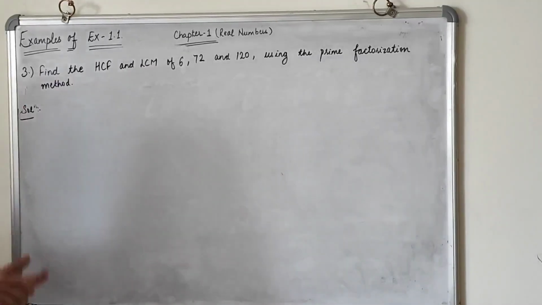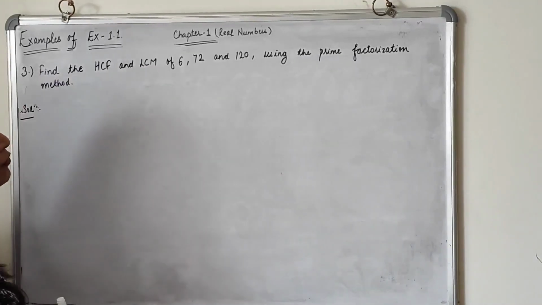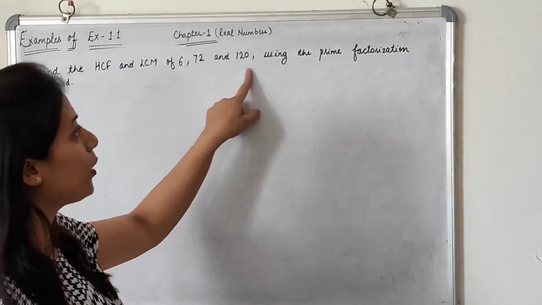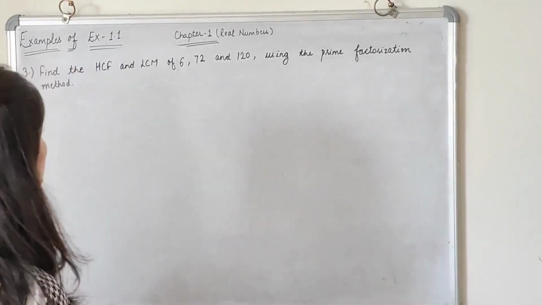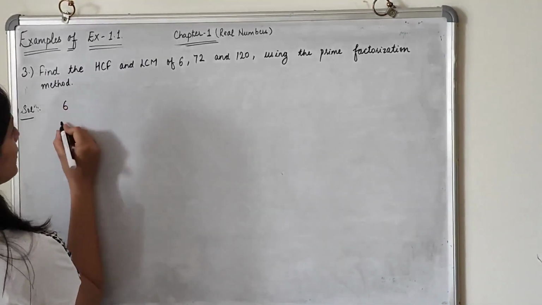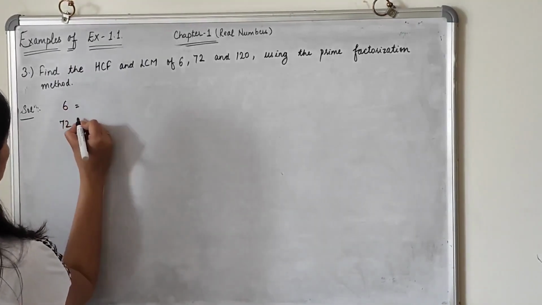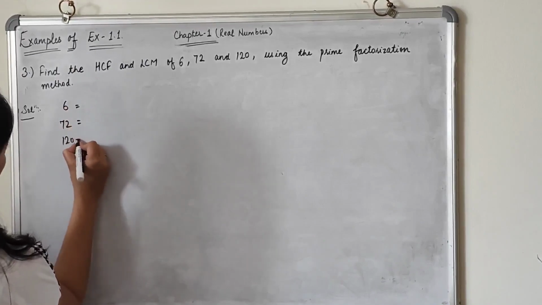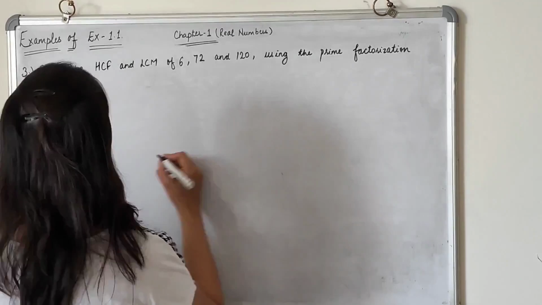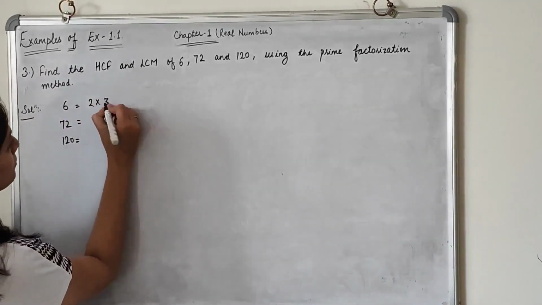So your next question is find the HCF and LCM of 6, 72 and 120 using the prime factorization method. 6, 72 and 120, right? So 6 will be 2 cross 3.